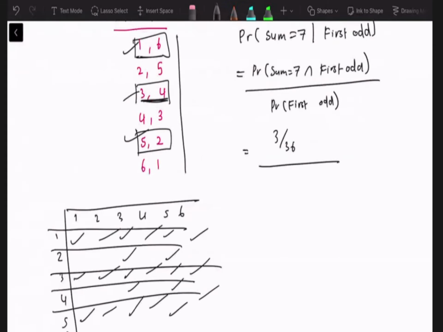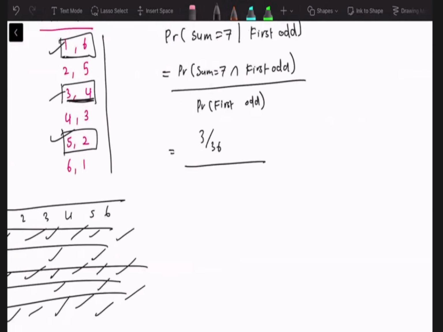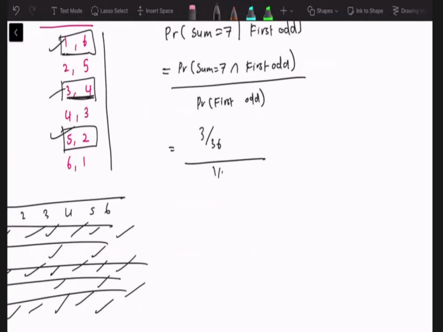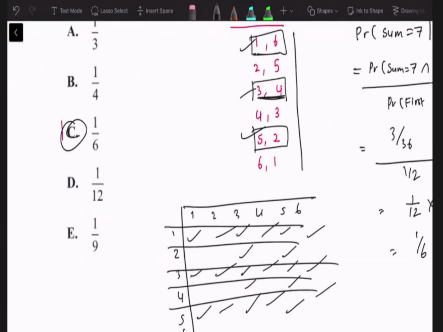The 7 would be the total. So it's just half. So you could do 1 on 12, 1 on 12 times 2. So that's 1 on 6. And the answer is just C.